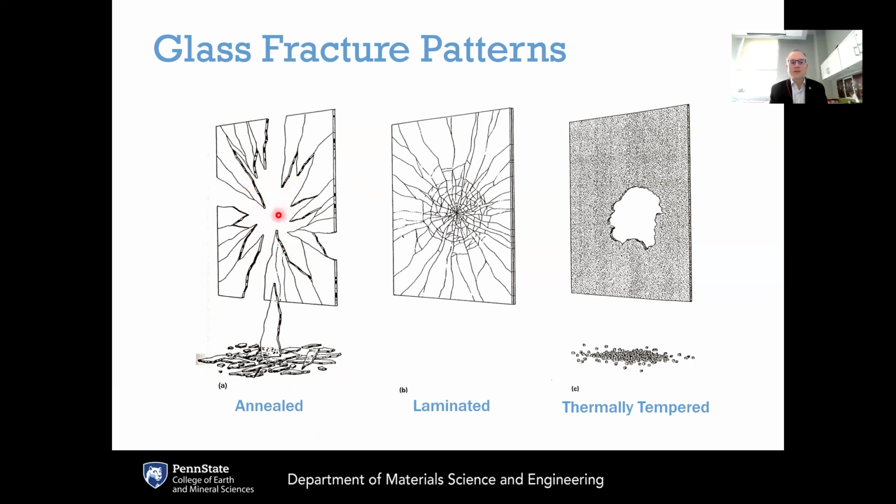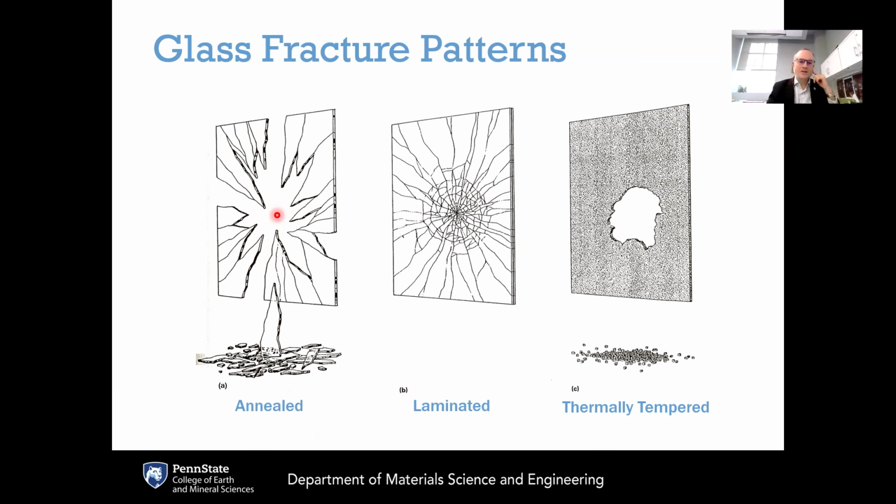And the reason for the starburst fracture pattern is that there's a lot of energy that is being imparted into the glass from the rock or from the baseball that is actually more energy than is required to introduce just a single crack or just two cracks. And as a result, the glass needs to release this energy in some other way.